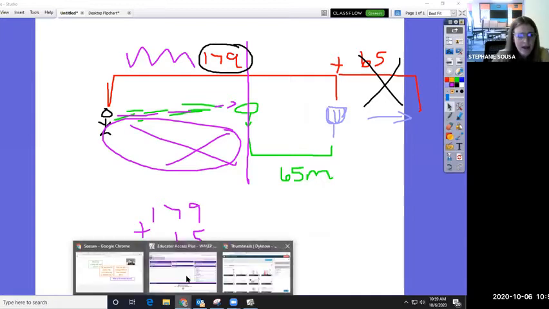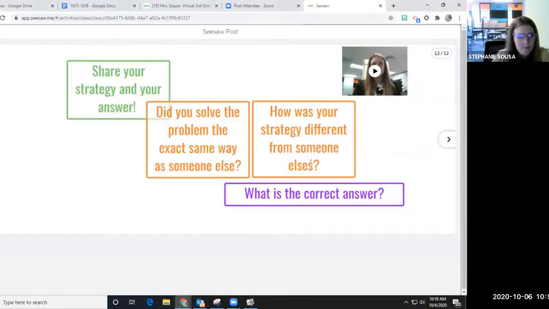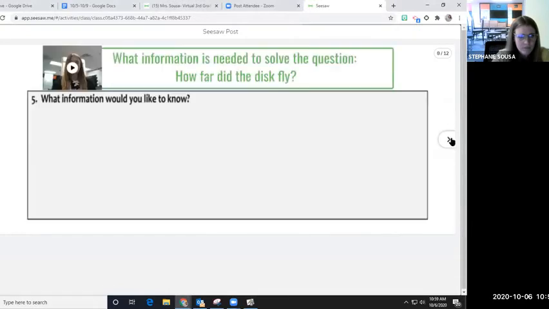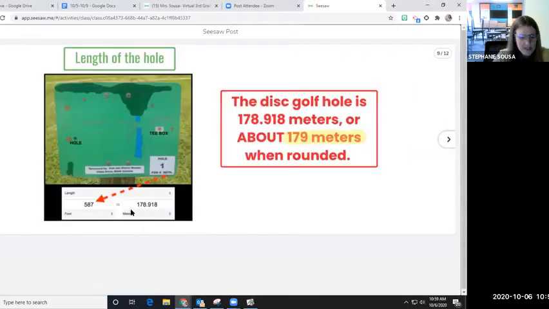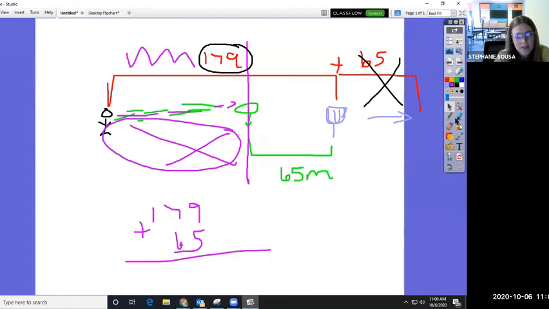So when I look at my instructional slides here, the course right here is 179 meters. There's the map. I can't just go, be bigger, add more, and it happened. That's not real life. So in real life, it makes sense for us to subtract or to get rid of what Graham already threw. So Graham already threw this much, and we're figuring out how much it is because we're getting rid of what's left.